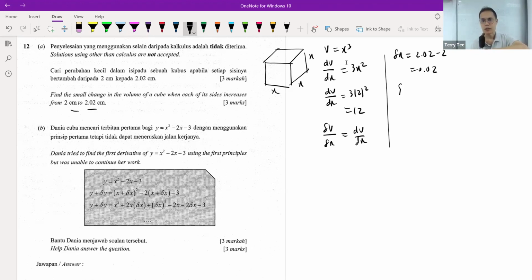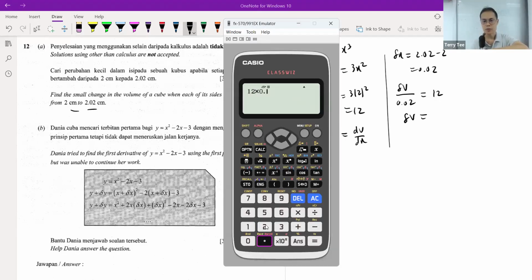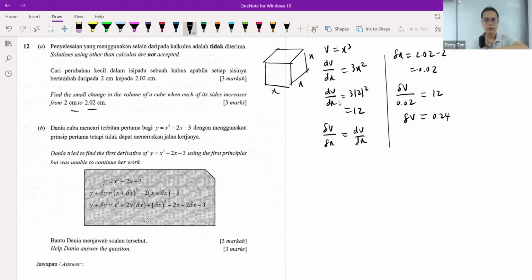Okay, your delta V divided by delta x, 0.02, equals dV/dx, which is 12. Delta V is 12 times 0.02. Answer is 0.24. That's all.